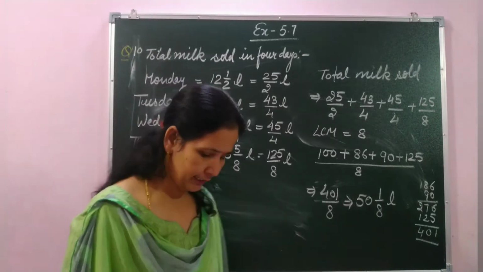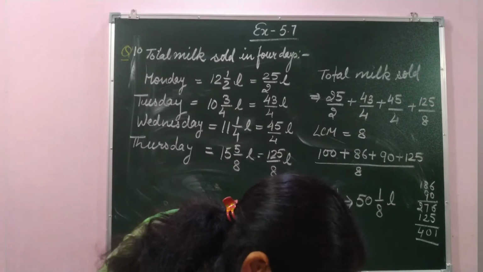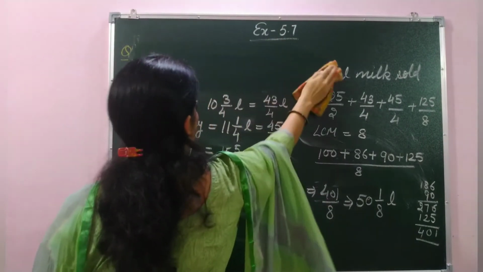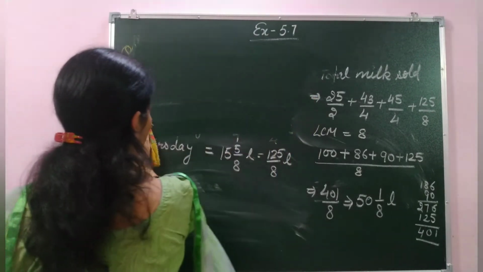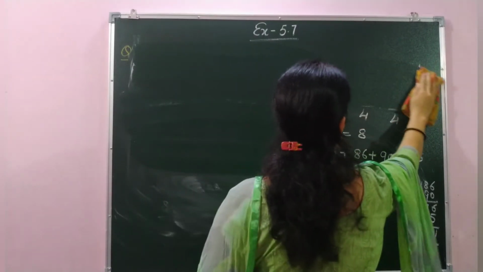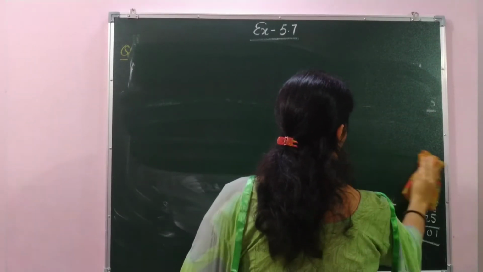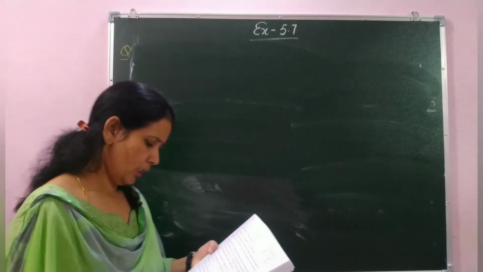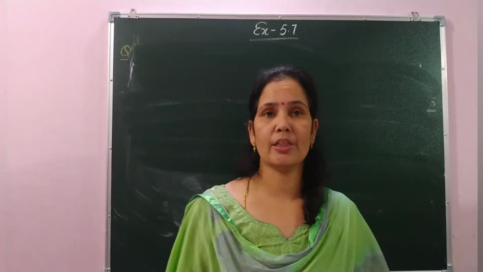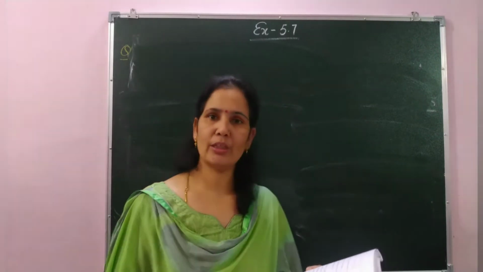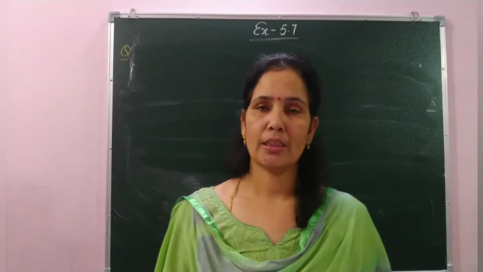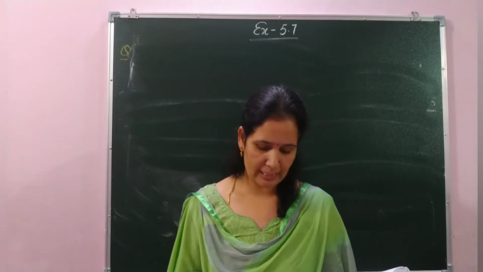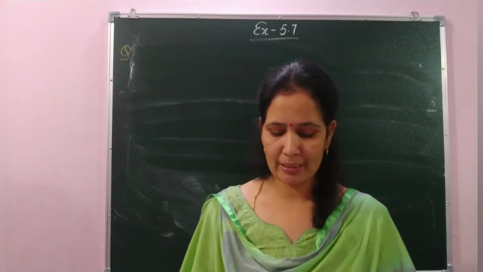Question number 11. Okay students, in question number 11 they told us a vegetable seller had 15 kg of potatoes, 11 1/2 kg of onion, 13 3/4 kg of ladyfingers, 12 7/8 kg of brinjal, and 2 1/2 kg of lemons in the morning.